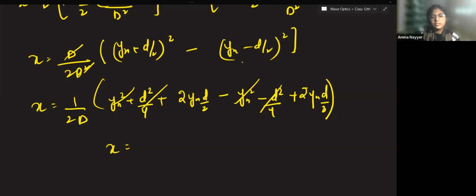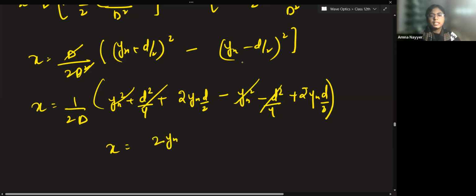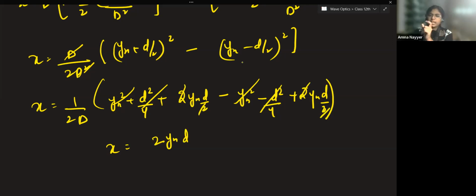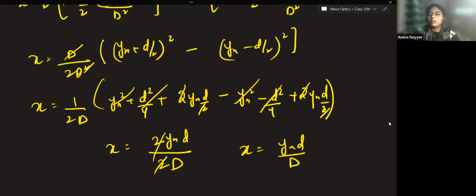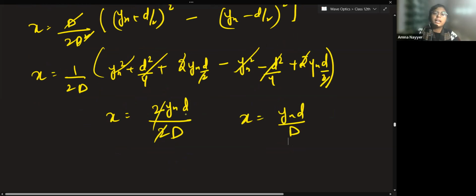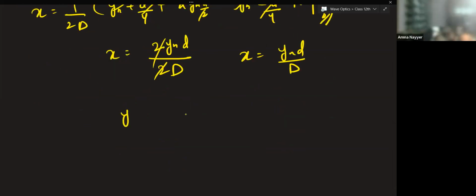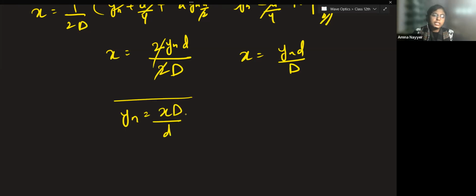So what are we left with? 2 yn d, and these two also get cancelled. So 2 yn d, divided by 2D. The 2 gets cancelled. X is equal to yn small d by capital D. What we were calculating was the value of yn, the separation from the central maxima. So that will be x capital D by small d.